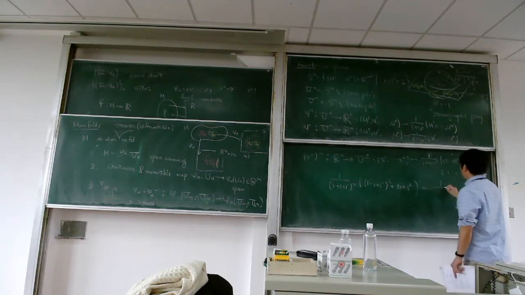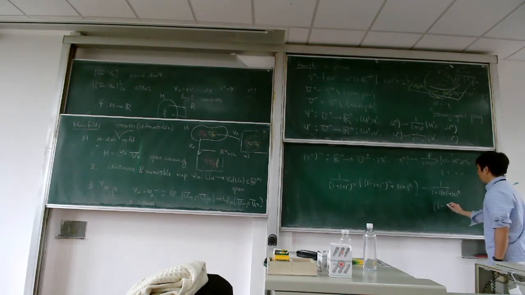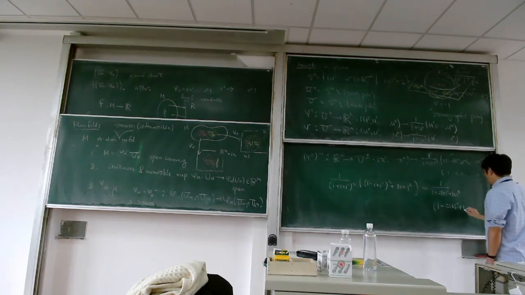So if you square all the coordinates, you just take the absolute value squared, then what you get is 1 plus 2x squared plus x to the 4th. And if you look at this one, it's 1 minus 2x squared plus x to the 4th, plus 4 times x squared.